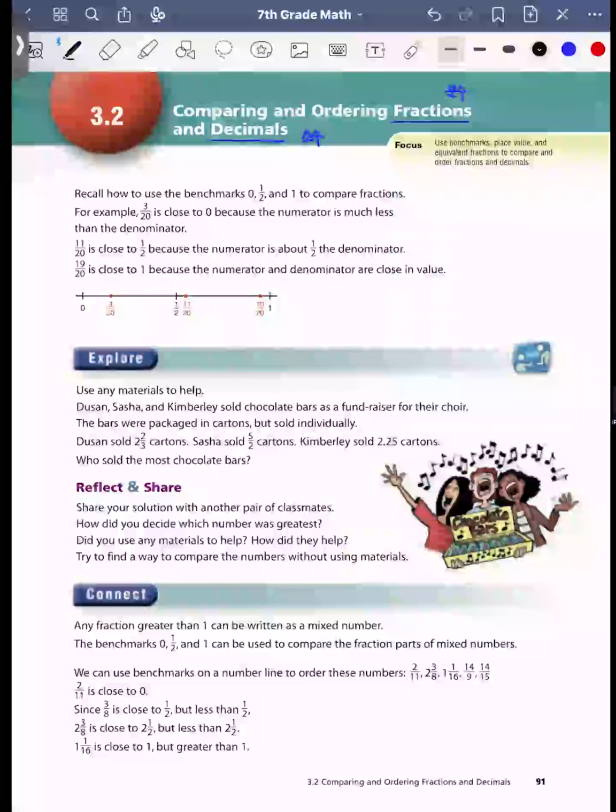Before we start, let's learn how to read fractions in English. How do you read this fraction? There are three different ways to read this fraction. First one is 3/5.